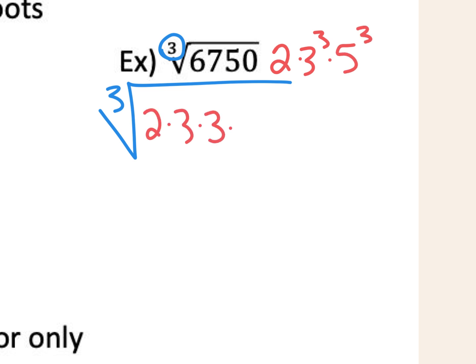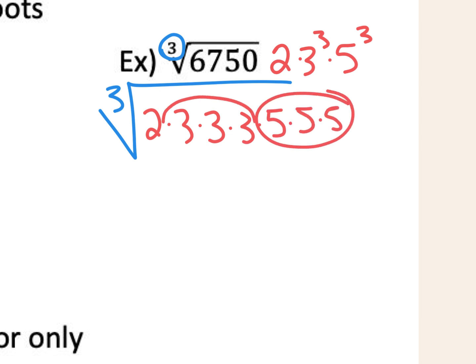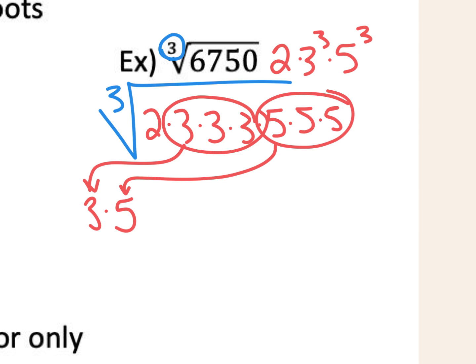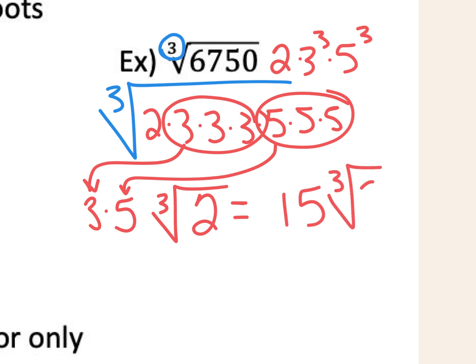So the fact that we have some third powers is good for us because it's a cubed root and we're looking for those groups of 3. So when we put both of these out here, what operation do we need to do with them? We got to multiply them. And we only have a 2 left, so 3 times 5 is 15 on the cubed root of 2.